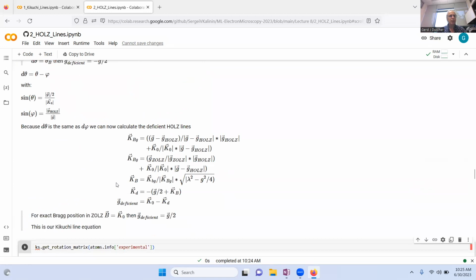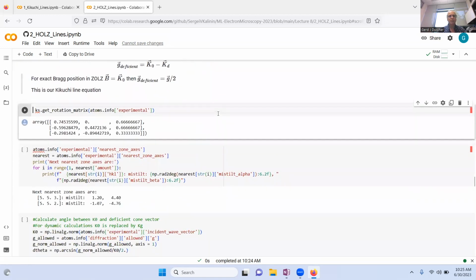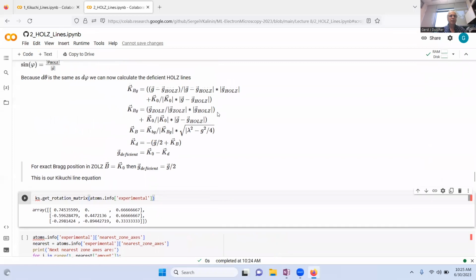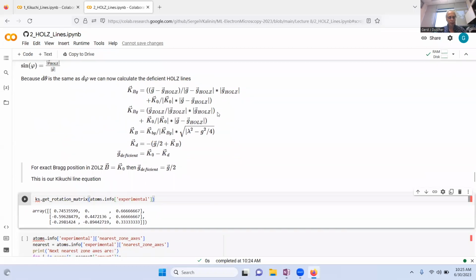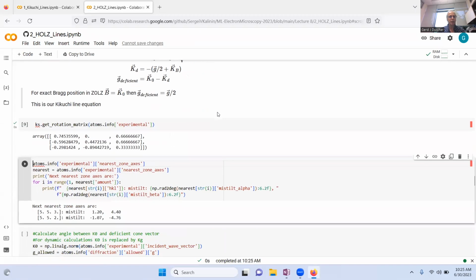We can do the trigonometry again, best done at home and check it out, but there's nothing really hard about that. It's purely trigonometry, so it can be done extremely fast, and you can get this training data extremely fast.